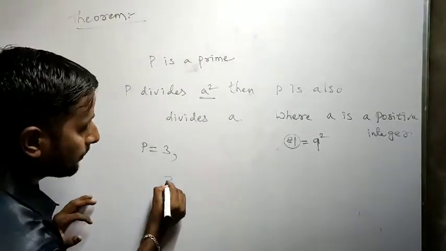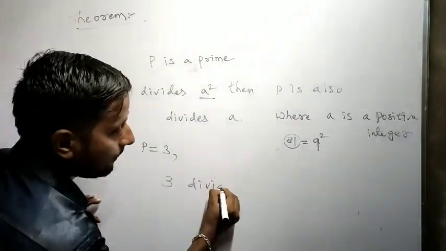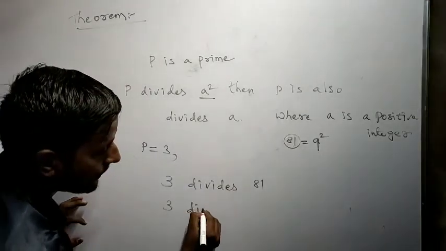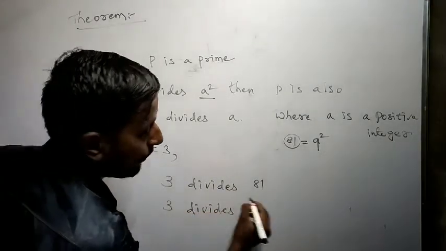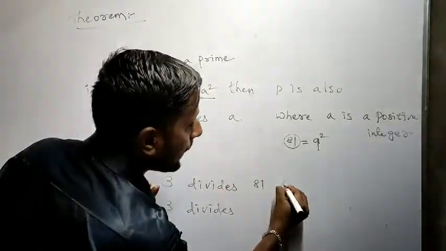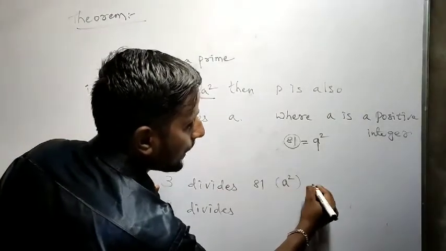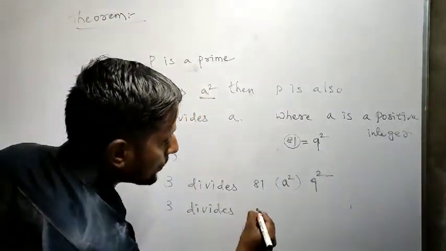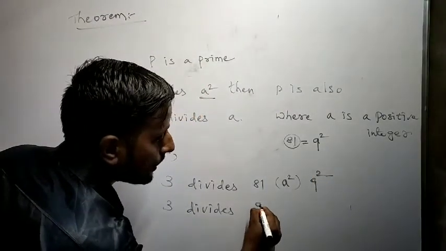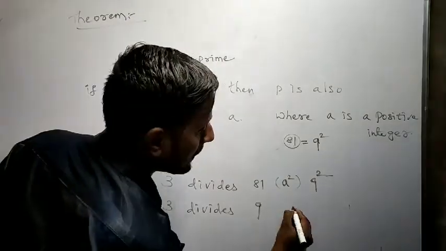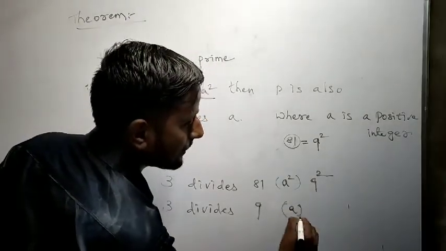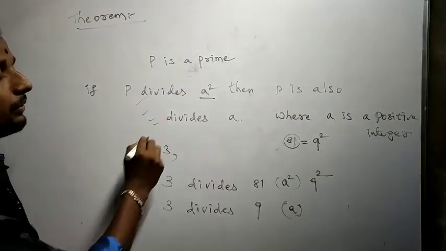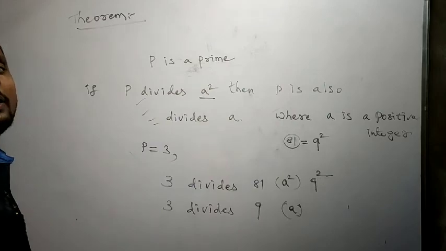Now what I'll write: 3 divides 81, first P divides a square, correct? Here a square is nothing but 9 square, 81 is equal to 9 square. Now what should I write? 3 also divides 9, which is nothing but a, because 9 9s are 81. Correct? It is also a simple theorem which helps us to do certain problems.